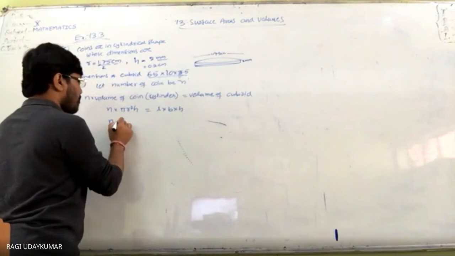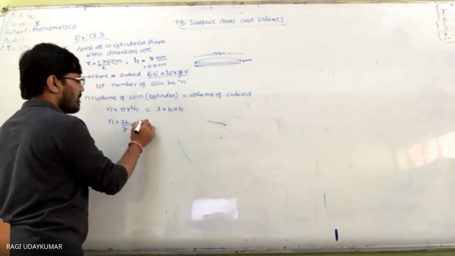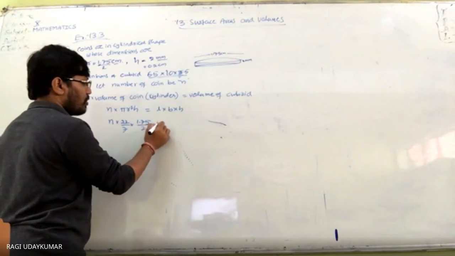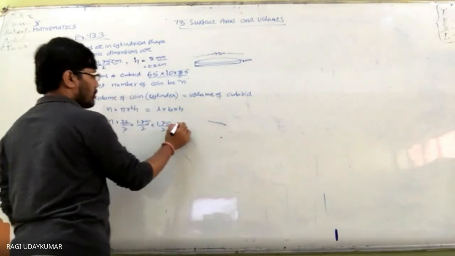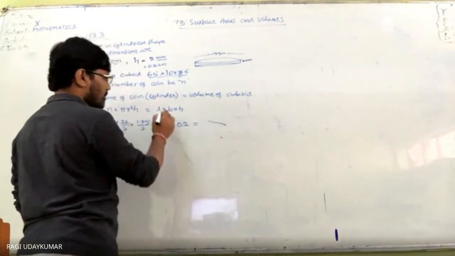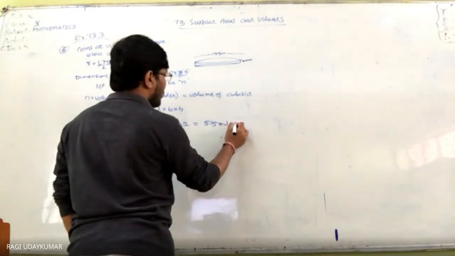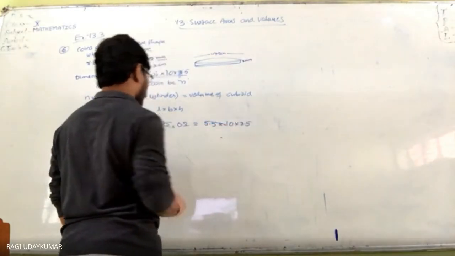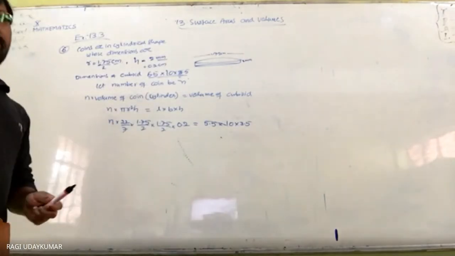So n into pi value 22 by 7, the radius 1.75 by 2 into 1.75 by 2, into the height 0.2, is equal to length 5.5 into 10 into 3.5. The number you need to find out by simplifying this.